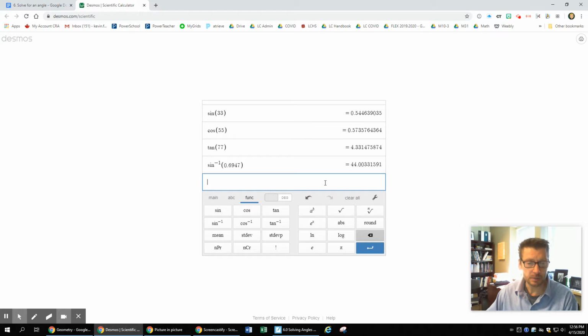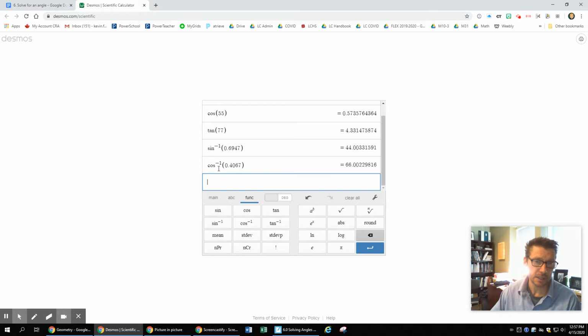If I'm going to do the second example, which is cosine of B, I've got the decimal. I tell my calculator to go backwards, so cos minus 1, and that decimal was 0.4067. That tells me my angle is 66 degrees. So going forwards, the cosine of 66 degrees is 0.4067.